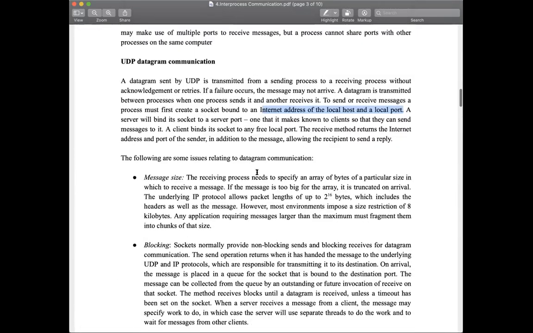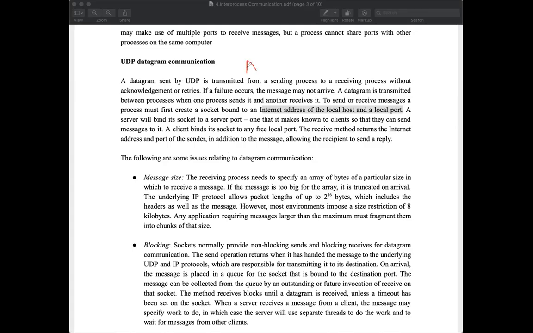So in UDP, basically, I will draw another diagram. Let us assume that in UDP we have process A and process B. Right.